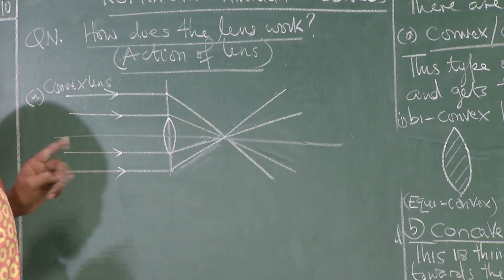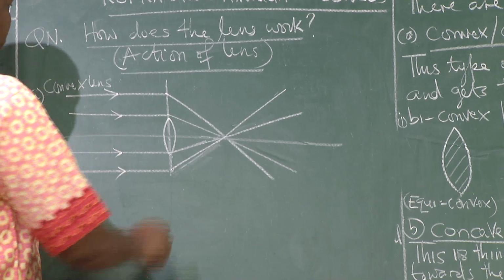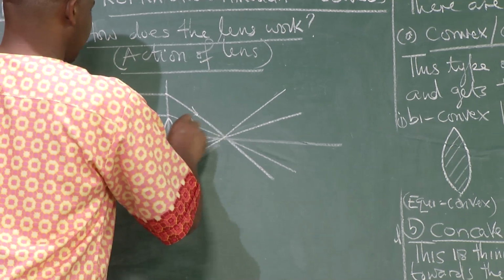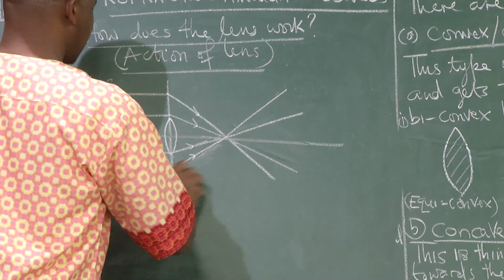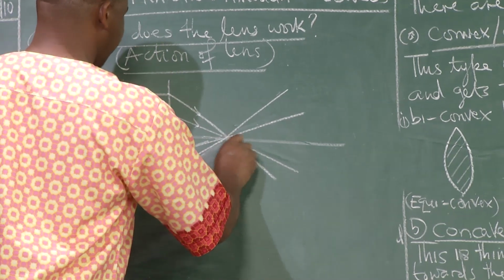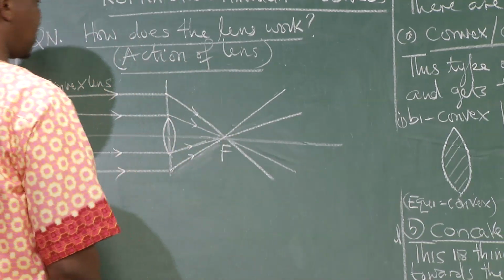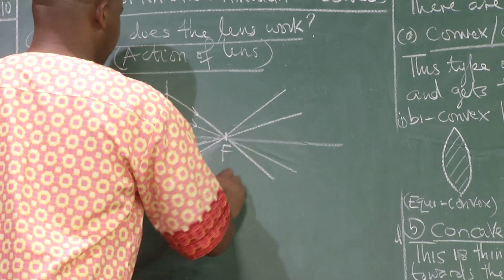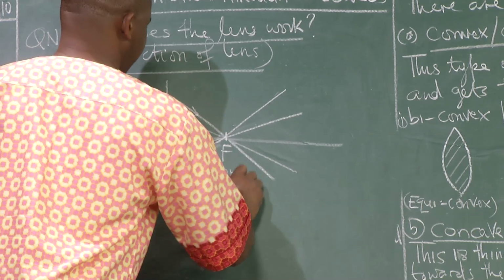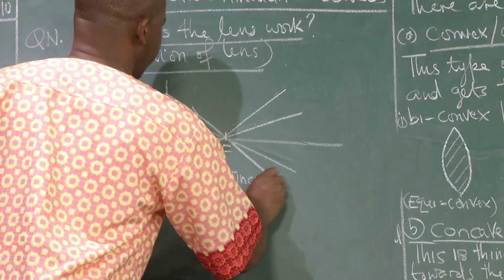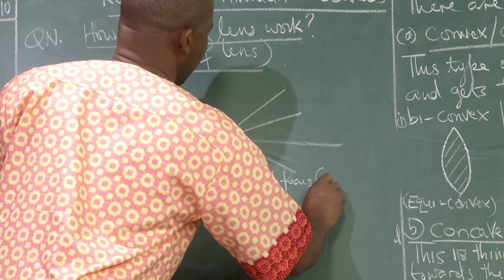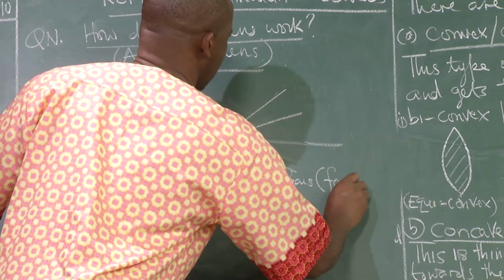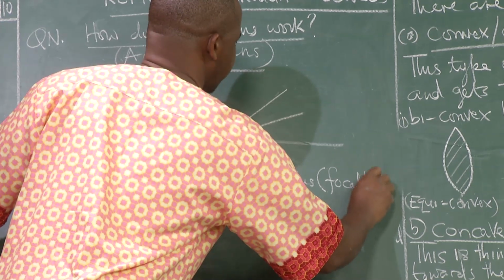When light is incident on a convex lens, it is refracted to pass through a common point. This common point is called the principal focus of the lens, otherwise also called the focal point.